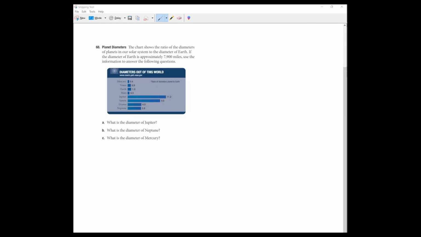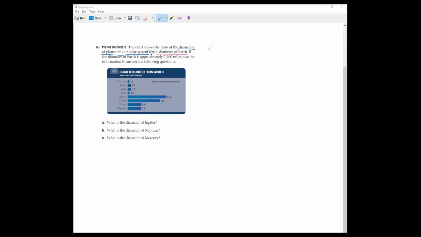And let me turn on my annotate tools really quickly to point out that this says it's a ratio of diameters of planets in the solar system to the diameter of the Earth. Now, the order of the things in that sentence matter.